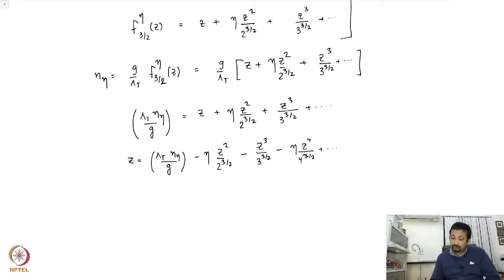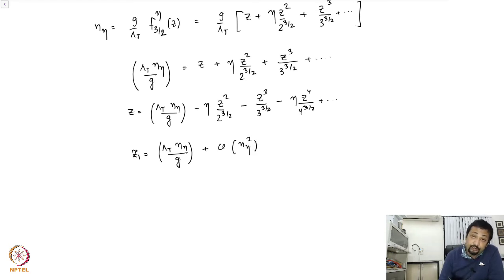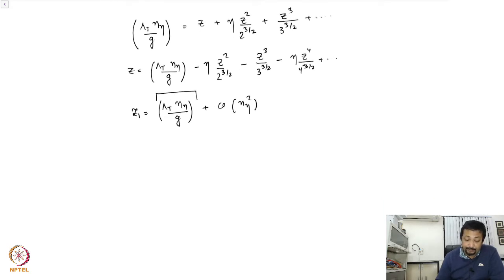Good. So I immediately say that to the lowest order, my z1 is going to be λ_T nη over g, plus the next order, which is going to be of order nη², because the next term is of the order of z². So if you plug in just this value of z over here, then you see that the next term is of the order of nη².